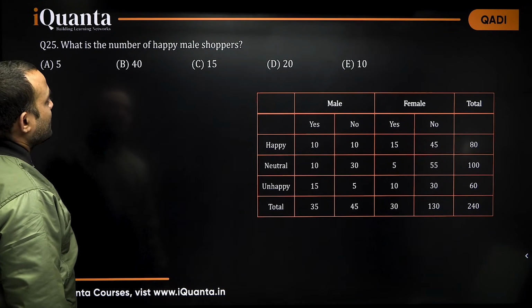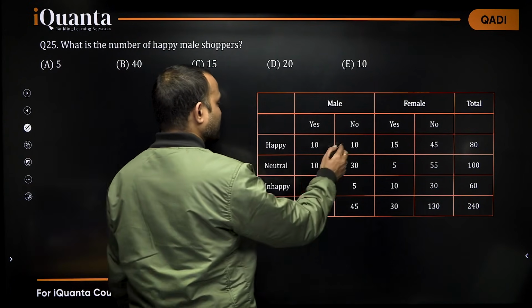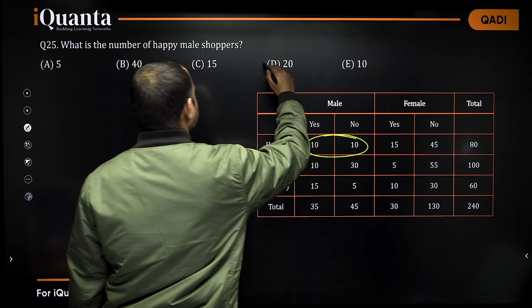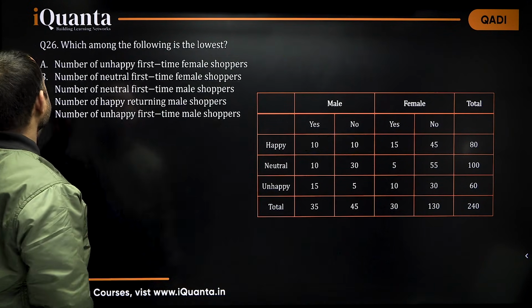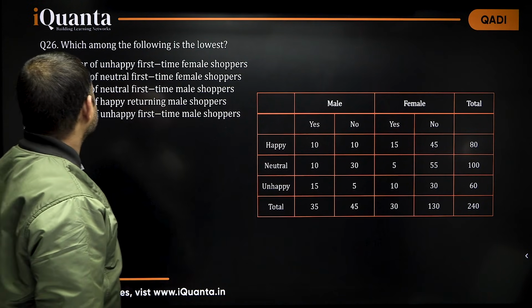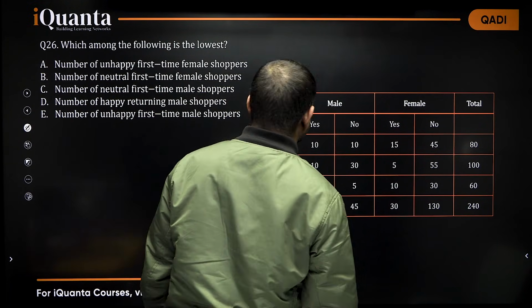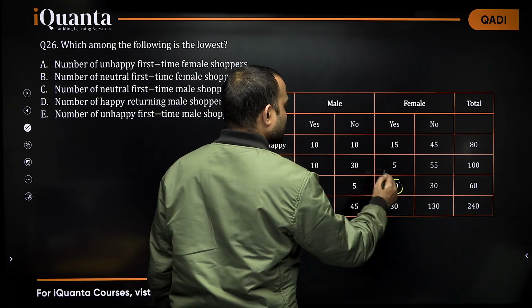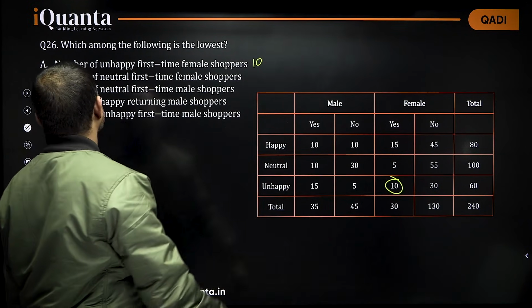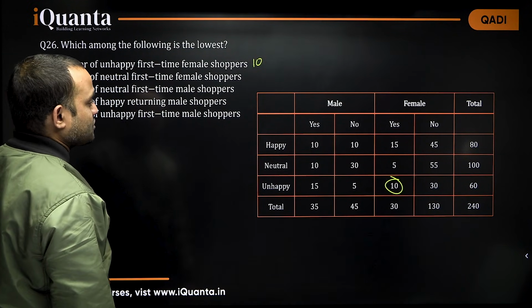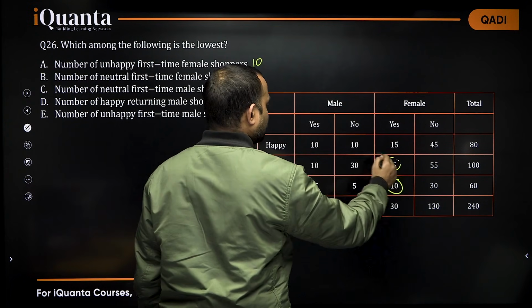What is the number of happy male shoppers? Happy male shoppers, 10 plus 10. It's 20. Option D. Which among the following is the lowest? Number of unhappy first time female shoppers, that is 10. Number of neutral first time female shoppers, that is 5.